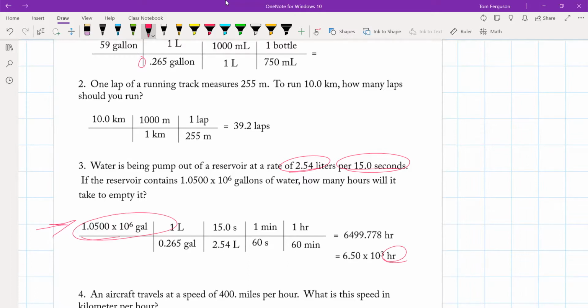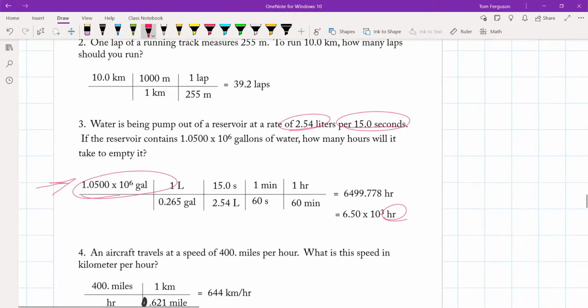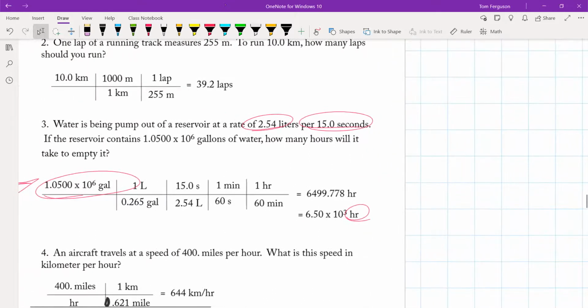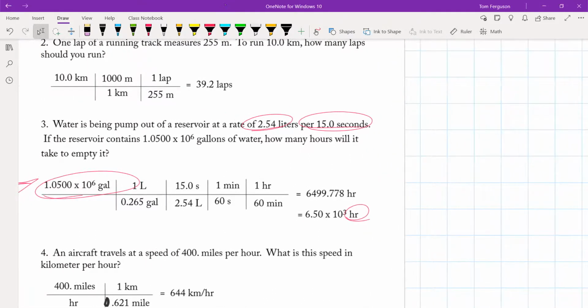Okay, so this is a multi-step problem. Let's go through this in detail. So we're starting with what's given. We want to calculate hours.